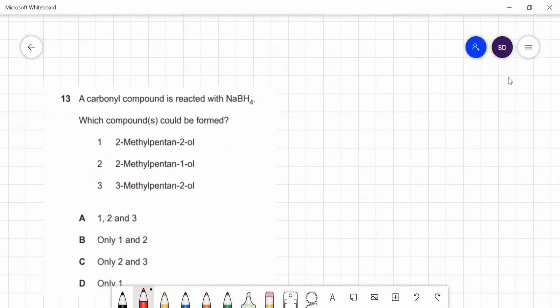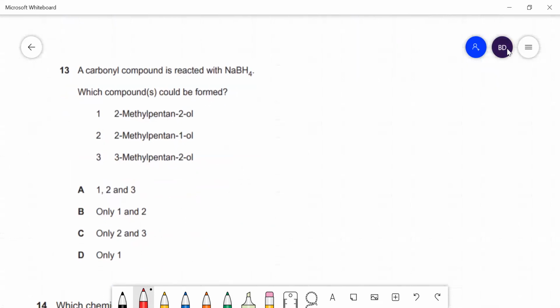Right, a carbonyl compound reacts with NaBH4. Which compound could be formed? Right, now what does this do? It will reduce a ketone to a secondary alcohol.